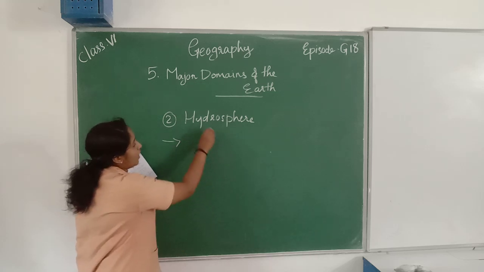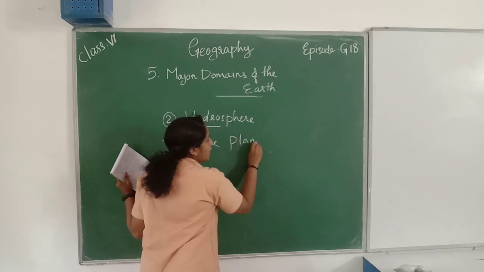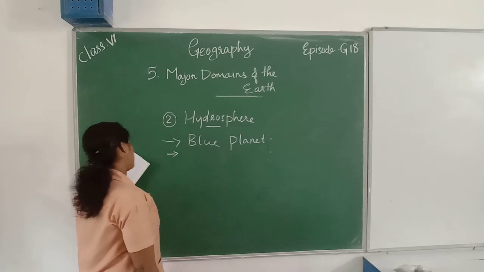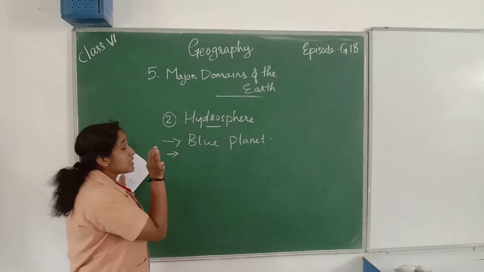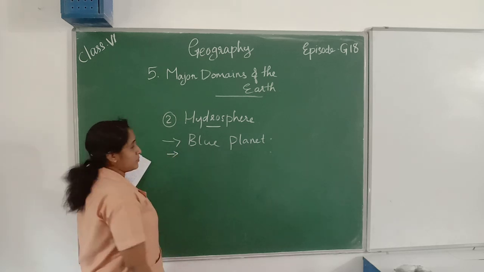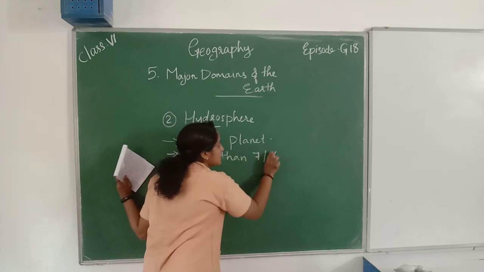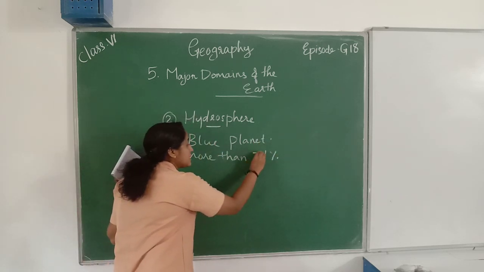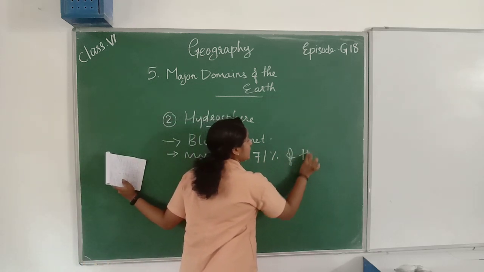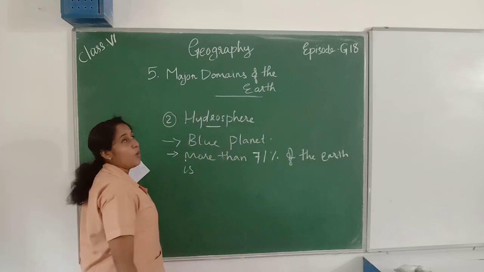So the earth is called the blue planet, right? Why is our earth called the blue planet? Because more than 71% of the earth is covered with water bodies. 71% of the earth is covered with water.